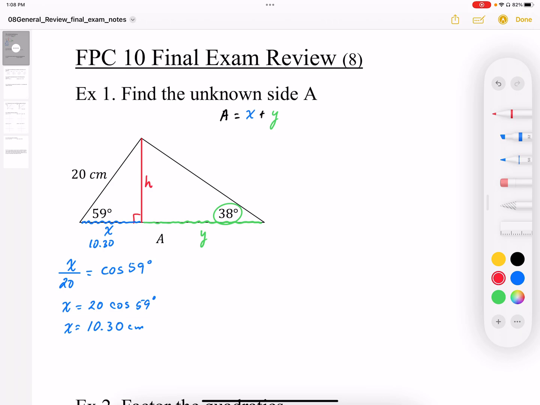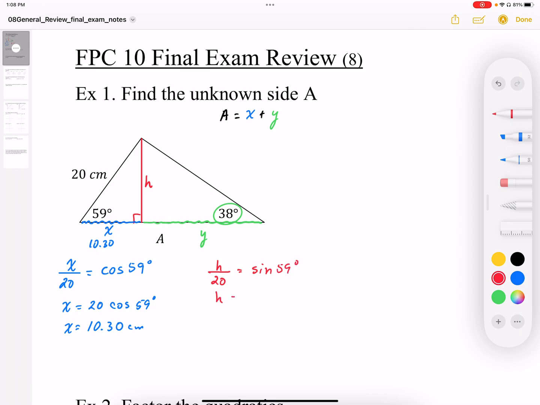To find the height, I'm going to use the left-hand triangle and say that the height divided by the hypotenuse of 20. Sine is opposite over hypotenuse, sorry, not opposite over adjacent. So opposite over hypotenuse is sine of 59 degrees.